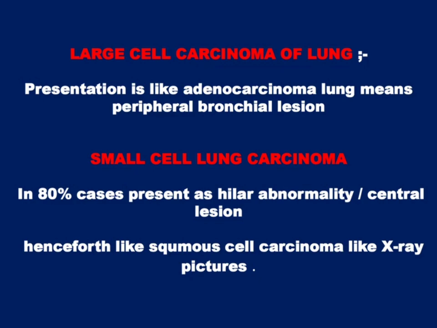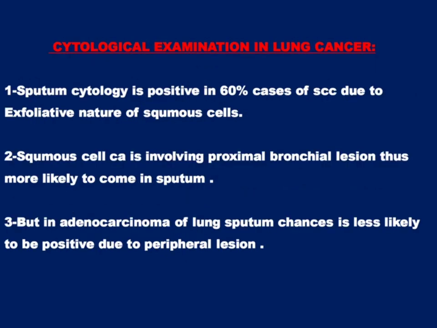These extrapulmonary non-metastatic symptoms are due to excess corticotropin secretion, excess ADH secretion leading to hyponatremia, hypokalemia, and hypercalcemia. You get clubbing, acanthosis nigricans, migratory thrombophlebitis, Trousseau's sign.